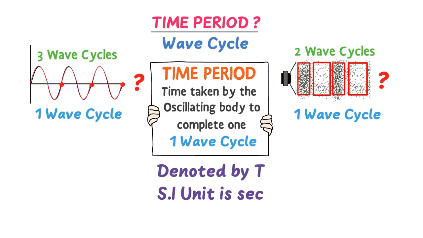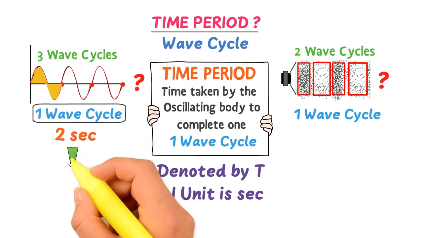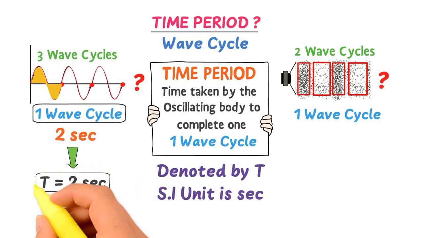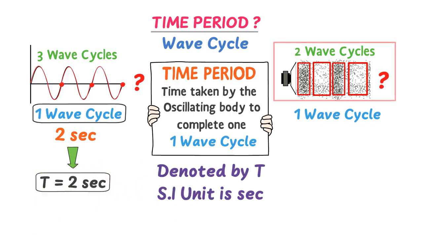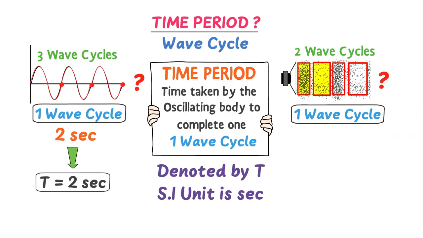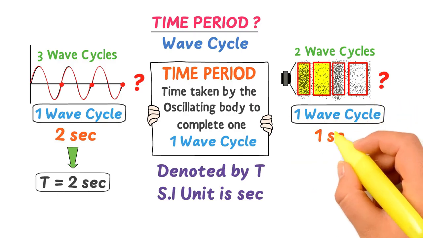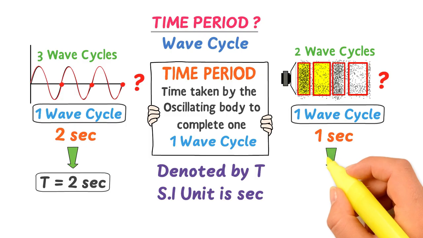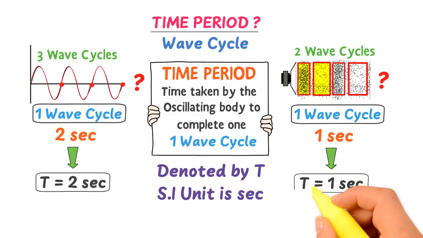For example, if this wave completes its one oscillation or one wave cycle in 2 seconds, then its time period is T equal to 2 seconds. If this wave completes one oscillation or one wave cycle in 1 second, then its time period is T equal to 1 second. Thus remember that time period is the time taken by oscillating body to complete one cycle.